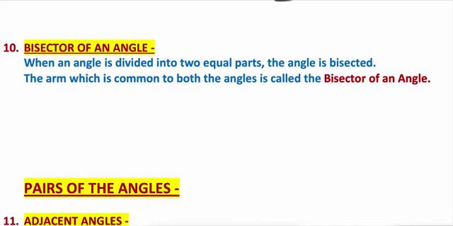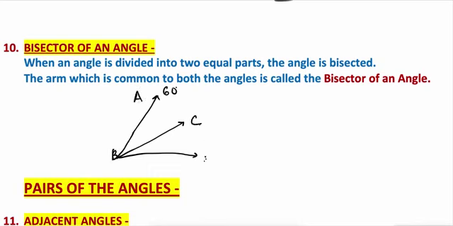Suppose this is an angle of 60 degrees, with points A, B, C and D. This angle ABD, which is equal to 60 degrees, is divided into two equal parts, that is angle ABC plus angle CBD.